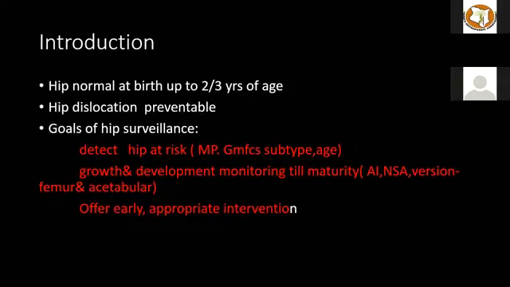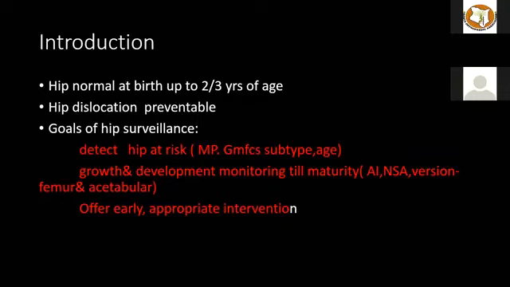Then the hip; basic sciences are important. In cerebral palsy, the hip is normal at birth, but slowly it becomes dysplastic because of poor abduction and non-weight bearing. However, this can be prevented in various ways, including braces and pillows in between the thighs.